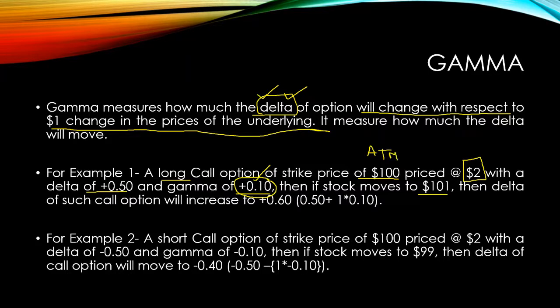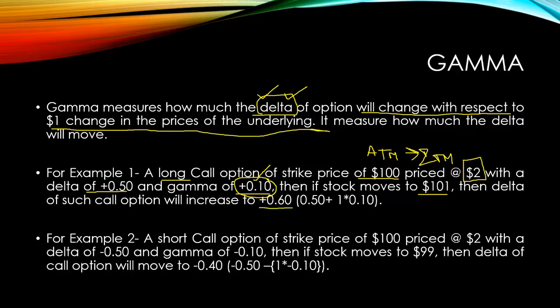When the stock moves to $101, this option moved from at the money to slightly in the money. If you have dealt with options, you must know what at the money and in the money are. So when the stock moves $1, the delta of such a call option will increase to 0.60.